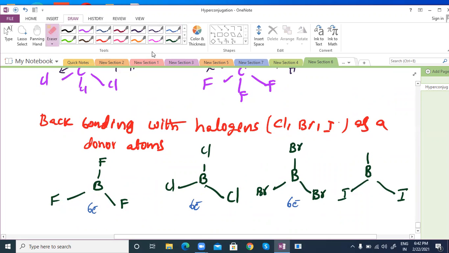This is iodine actually, but it does not have vacant orbitals for back bonding like fluorine. Here boron is electron deficient, with only 6 electrons.